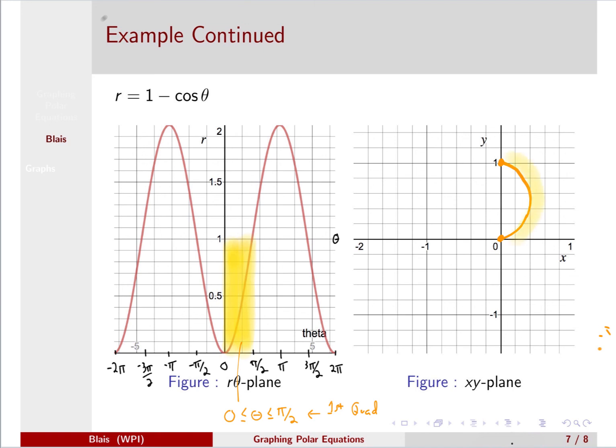What about the next region? We have pi over 2 to pi. So pi over 2 to pi, that's our second quadrant.